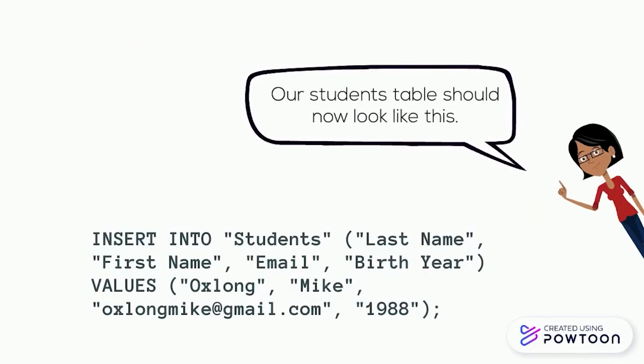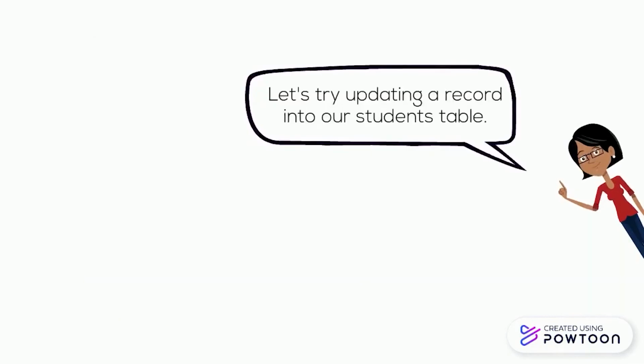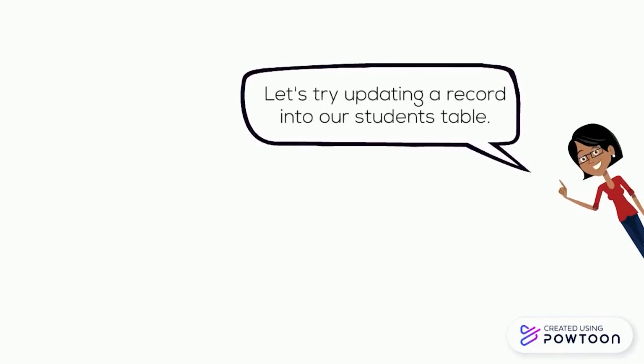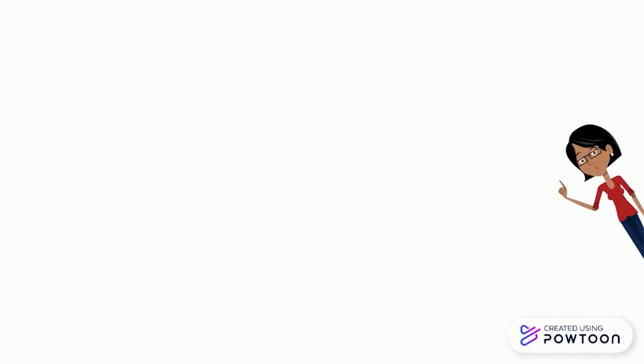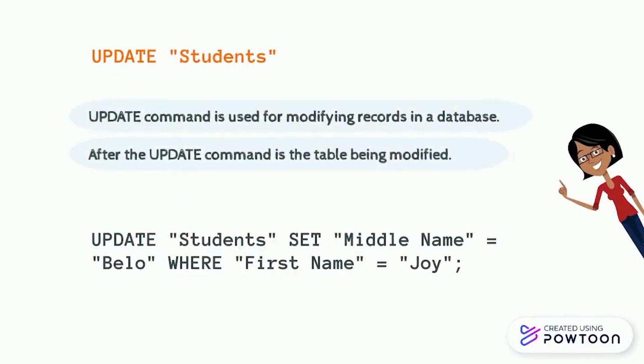Our students table should now look like this. Let's try updating a record in our students table. Consider the following SQL commands. Update is a command used for modifying records in a database. After the update command is the table being modified.